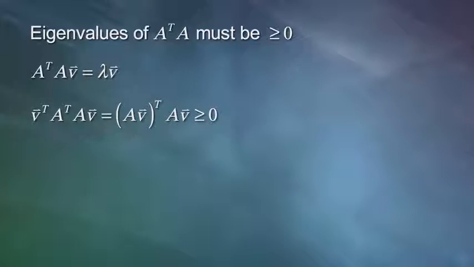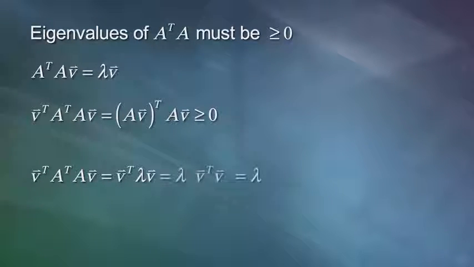On the other hand, using the eigenvalue property, V transpose A transpose A V equals V transpose lambda V, which is lambda times the dot product of V with itself. And that dot product of V with itself is the square of the magnitude of V, which is 1. So this expression must just be equal to lambda. And together, these two statements show that lambda is greater than or equal to 0.